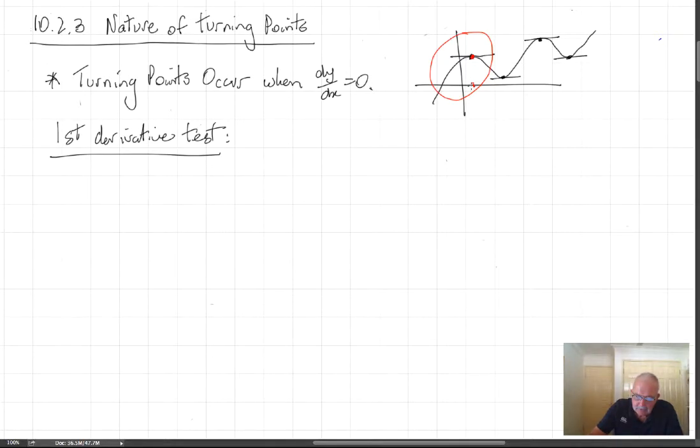But if we substitute in an x value just a bit less than where dy/dx is equal to 0, and we get a positive there, and we try a value of x just on the other side and get a negative gradient there, then dy/dx goes from positive to 0 to negative, therefore we must have a maximum for the function.